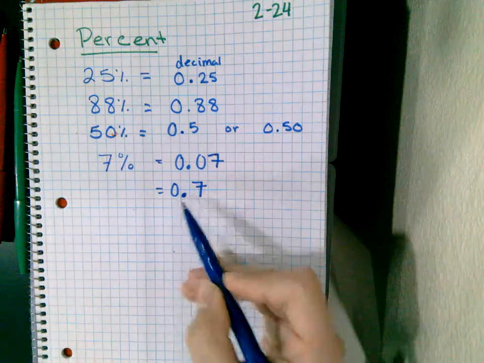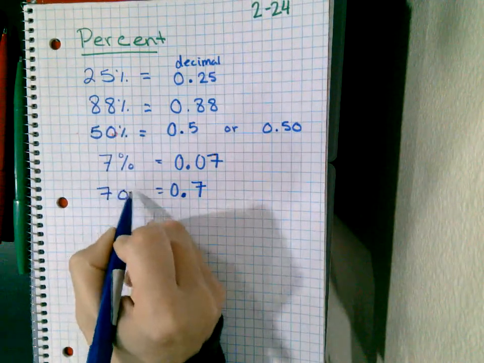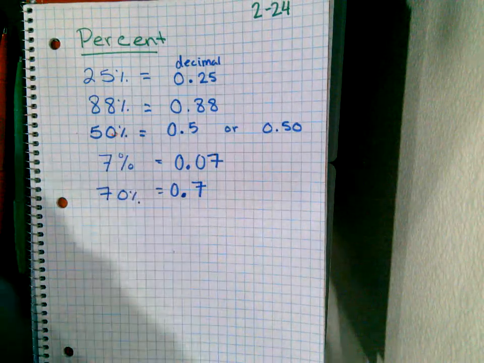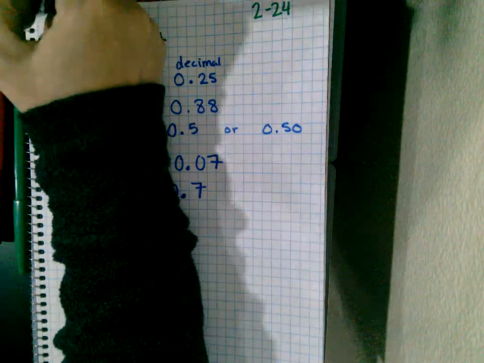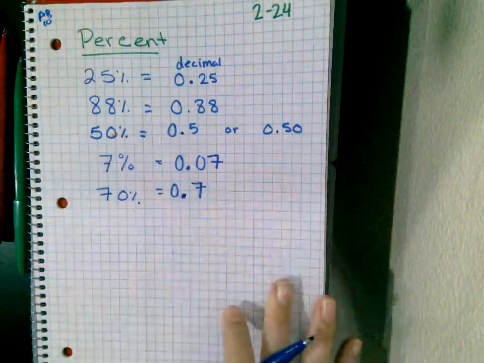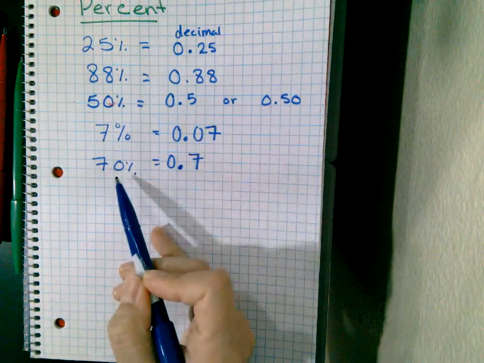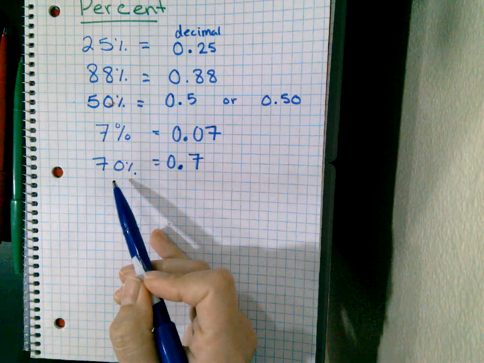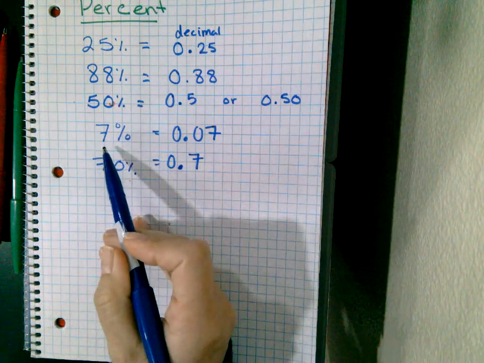If you write it as 0.7, you're actually talking about 70%. So be very, very careful what you write down. Because if you don't add that 0, you're talking about 70%. And that's a huge difference. Because we're not talking about 70%, we're talking about 7%.